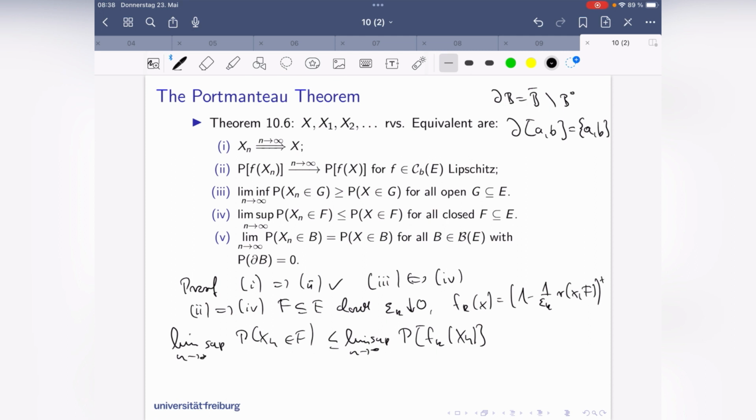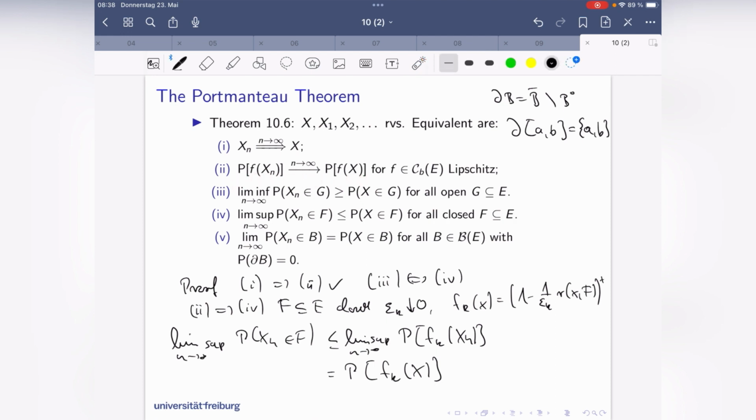This here equals, since I have 2, pi integrate fk of x. So here I need 2 because the integrals here converge.